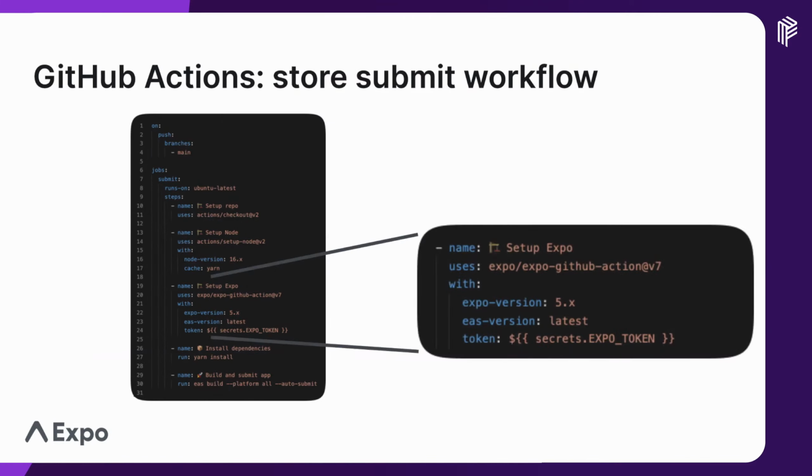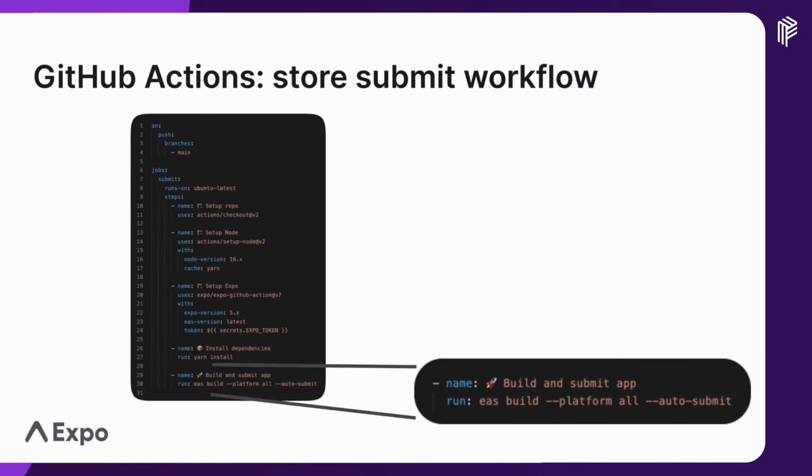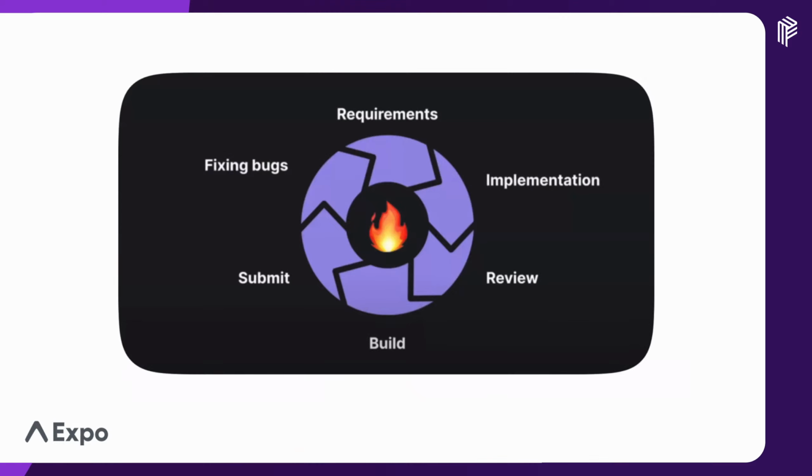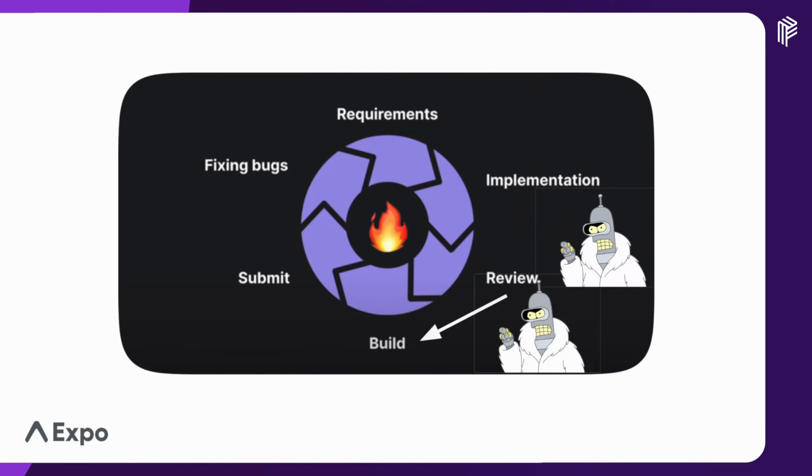We install Expo, but we also install the EAS CLI that we're going to need to actually make or schedule a new build. And when all dependencies are installed, we actually run EAS build for all platforms and let them auto-submit it to the store. This basically creates a new wheel, or helps you safeguard all three steps that we listed here, and lets you revert back to a wheel of fun instead of a wheel of hell.